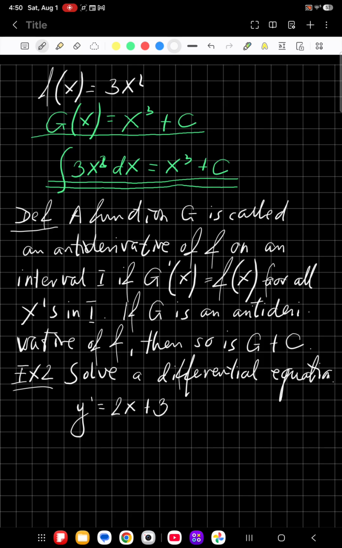Anyway, so here's a differential equation. A differential equation is basically just an equation that has that y prime or dy dx in it, with variations.